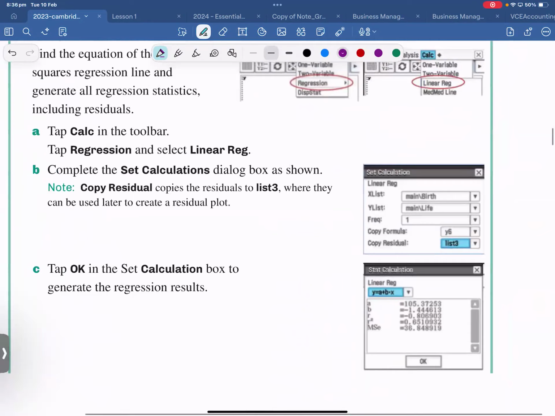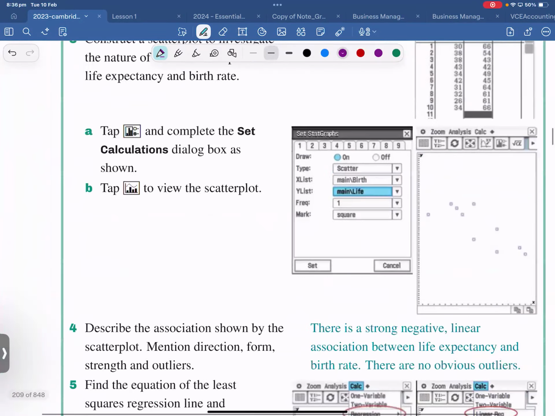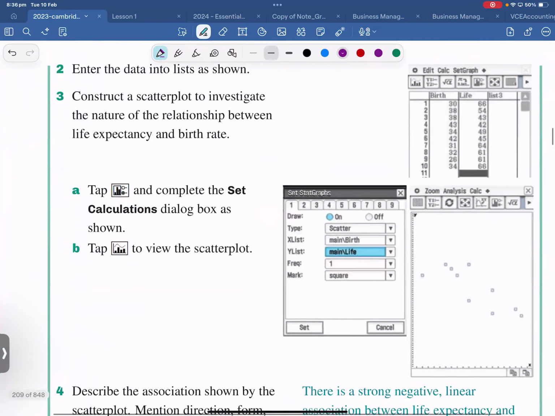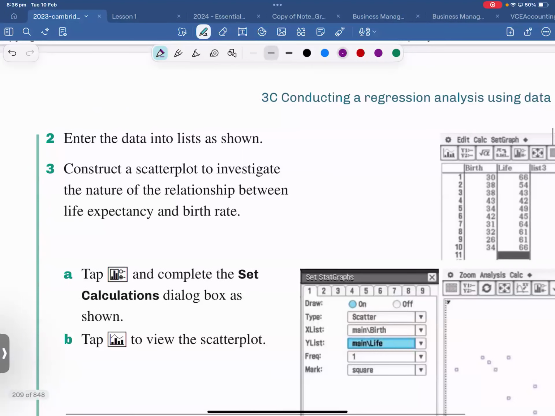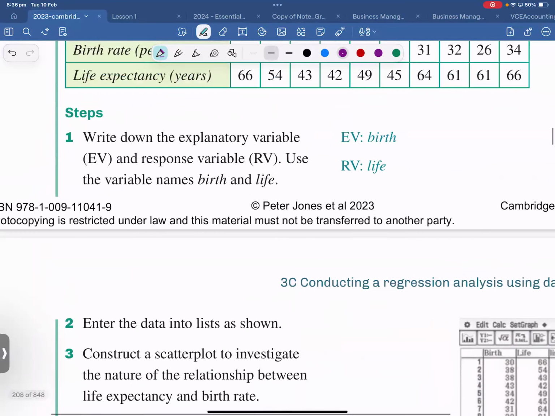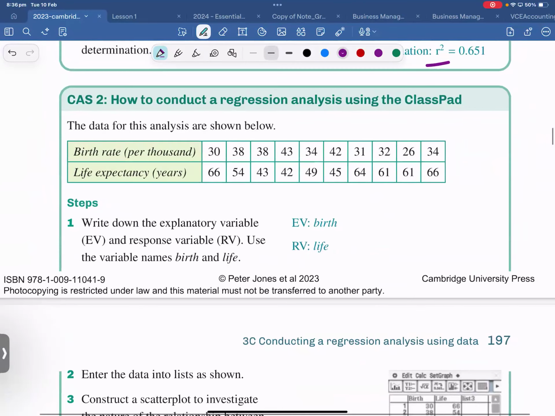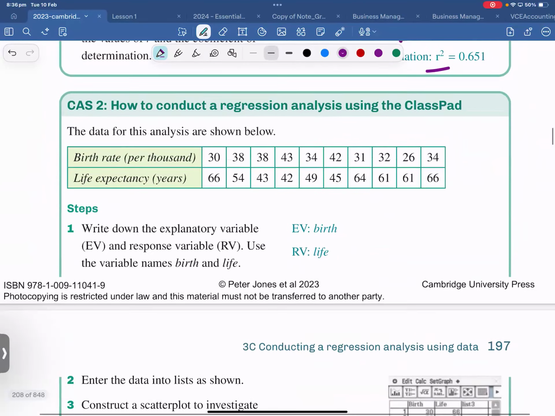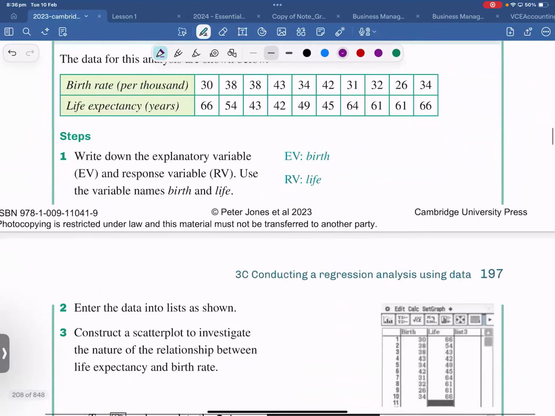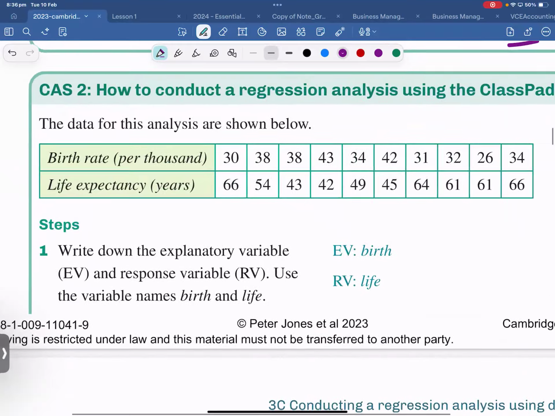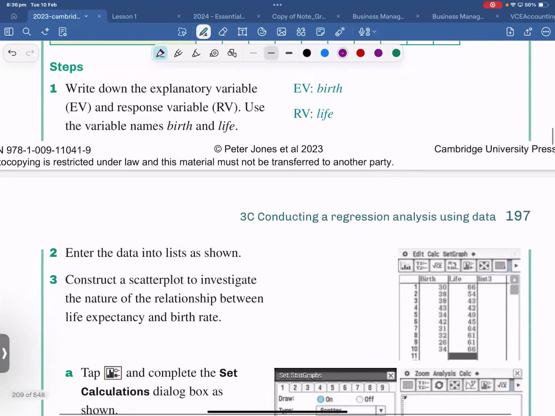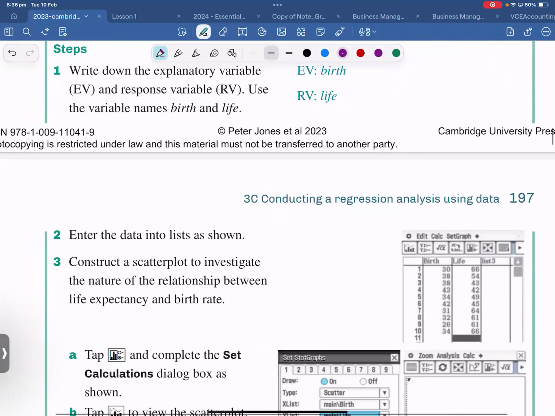Firstly, once you have it, do you know how to enter the data? No? Firstly, you have to do this one. Do you know how to enter the values now?